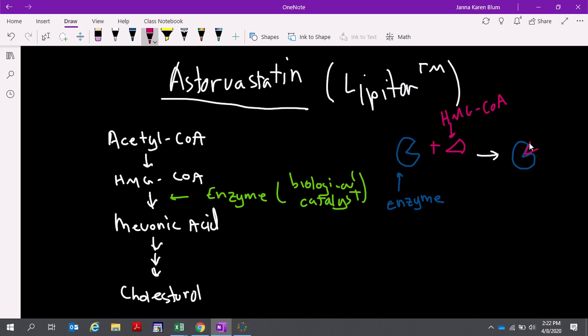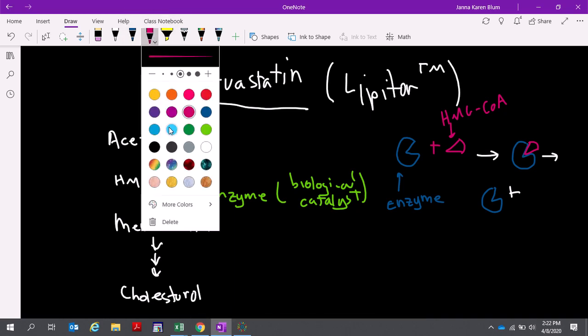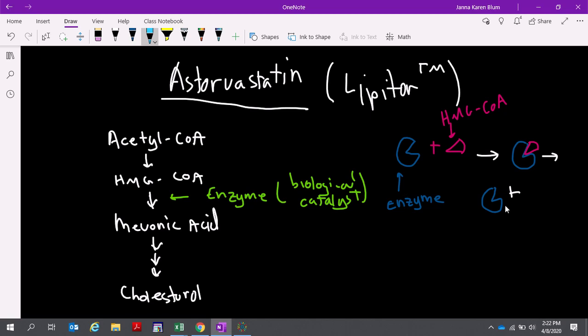Here it fits really nicely in. And then we end up back with enzyme, so the enzyme gets to be reused for the next molecule to come along, plus now we're going to have our product, which I'll make blue.